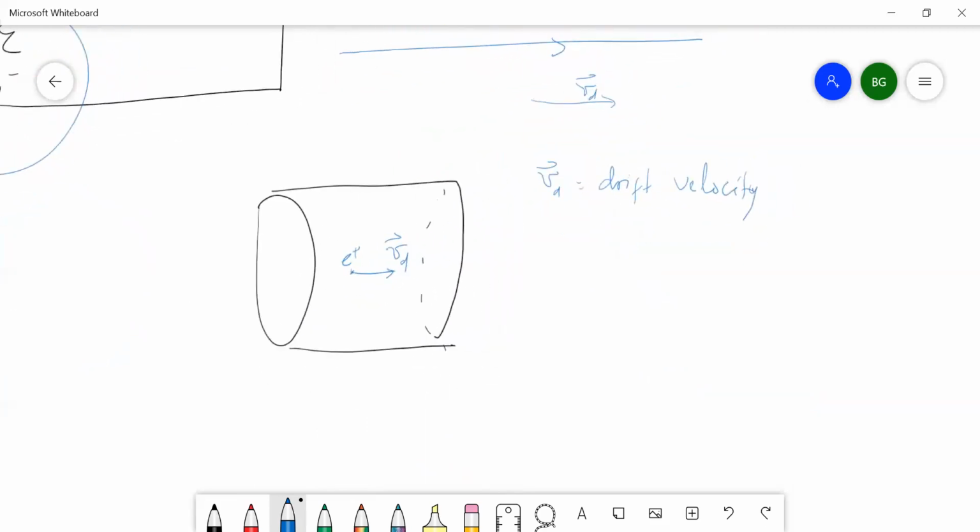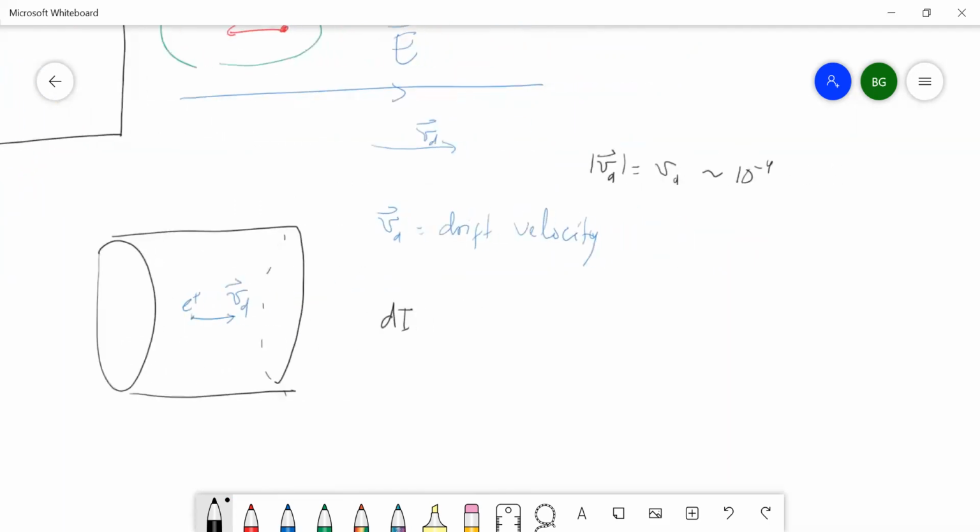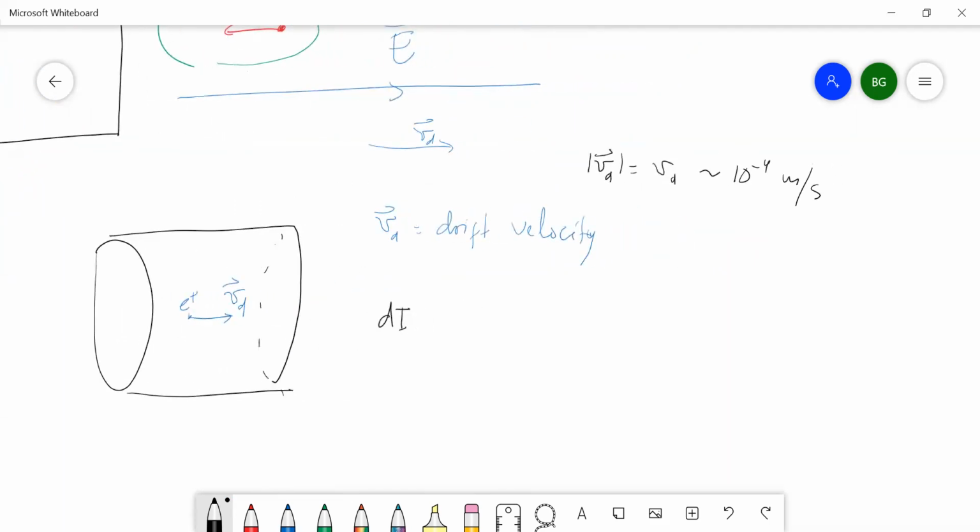Okay, so in general, the order of the drift velocity, the magnitude, is around 10 to the minus 4 meter per second.